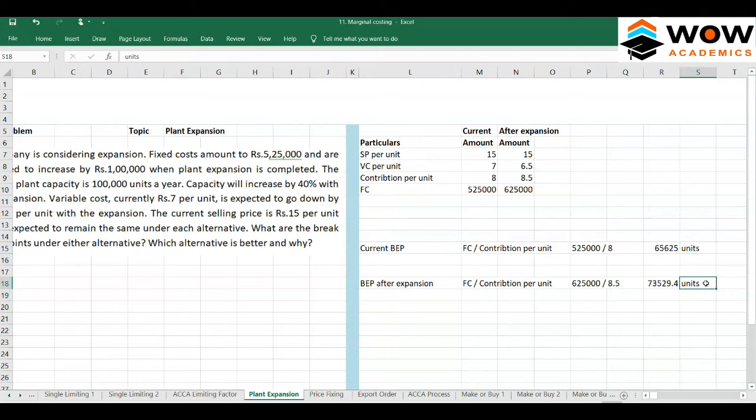So we can say that BEP after expansion increases to 73,529.